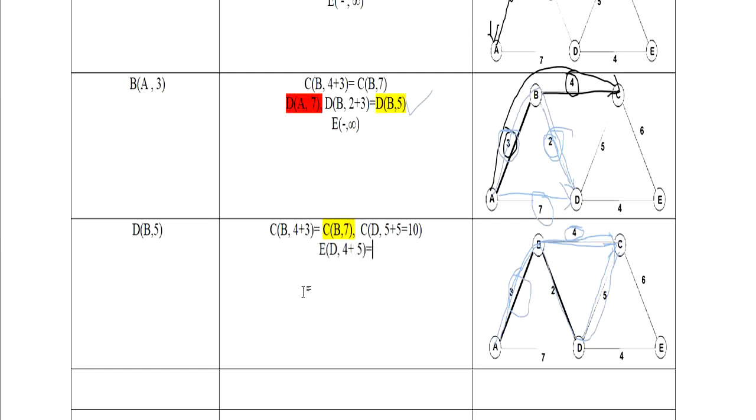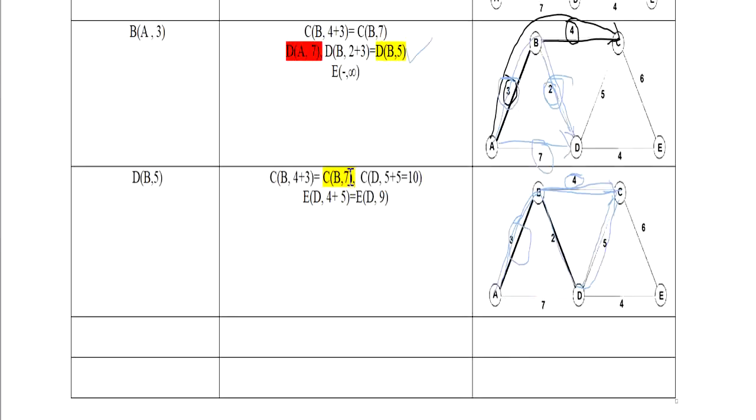So this equals E of D comma 9. Amongst 9 and 7 I choose the shorter one. 7 is smaller than 9, so I choose C of B comma 7 as the selected vertex.